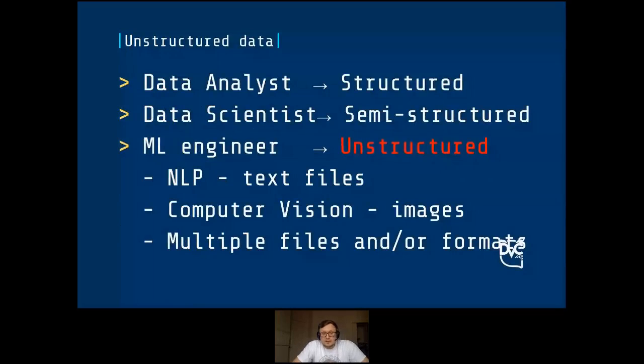So the ML engineering phase, when people build ML models, is a bit different from the analytical and usual data scientist workflow. In this phase, you deal with unstructured data, which basically means just files. Usually a lot of files, dozens, sometimes thousands, in some cases millions of images.